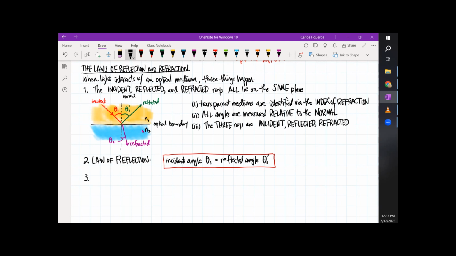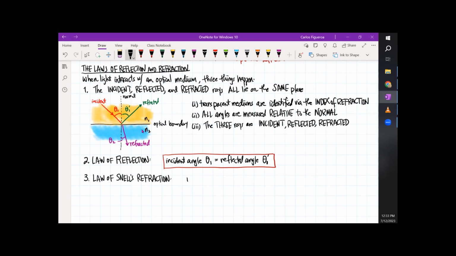And then finally, there's a second law. This is known as the law of Snell's refraction. A lot of times people call it Snell's law of refraction. It's really just the law of refraction.